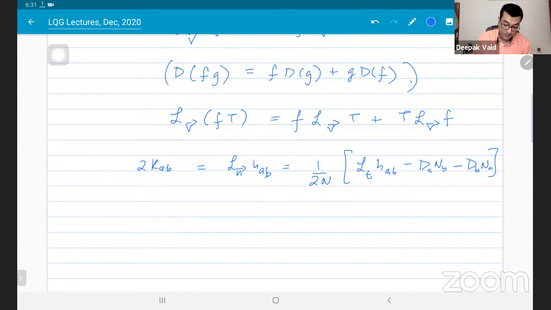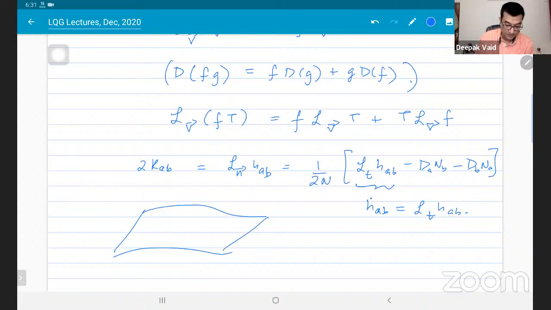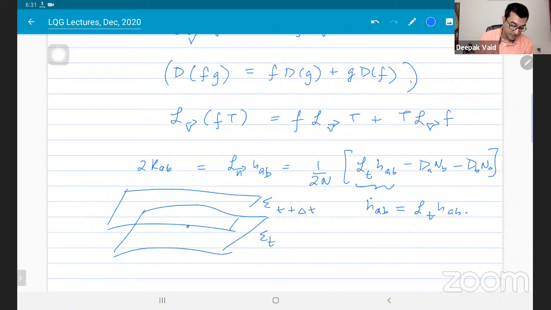Now this quantity is what we identify with the time derivative of h. So you have this spatial manifold at sigma t, let's say, and sigma t plus delta t, and your time-like vector field is telling you how to go from the first manifold to the other manifold.